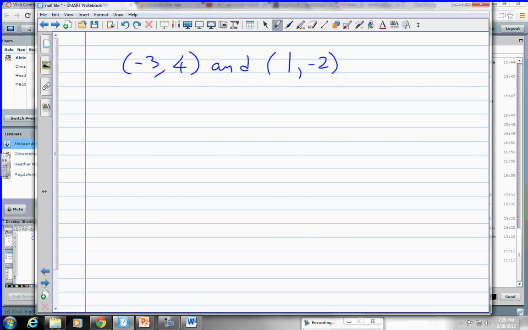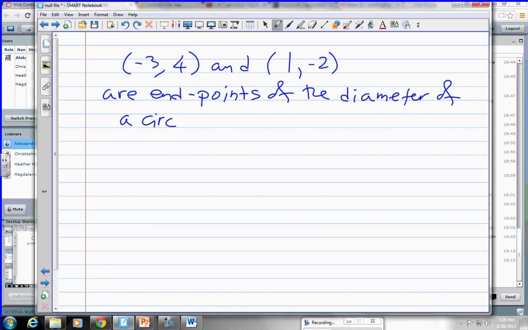So these 2 points are endpoints of the diameter of the circle. Do you understand what that means? What a diameter is? So it goes from one end to the other end through the center. So these are the 2 endpoints.